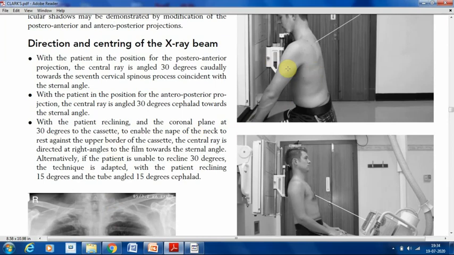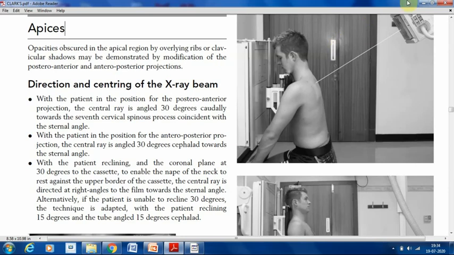Only the X-ray tube differs: with patient positioning PA, the central ray angle is 30-degree caudal. Caudal means towards the foot. You can see here the X-ray tube is angled caudal towards the foot side, 30-degree angulation, and the central ray should pass through the sternal angle.